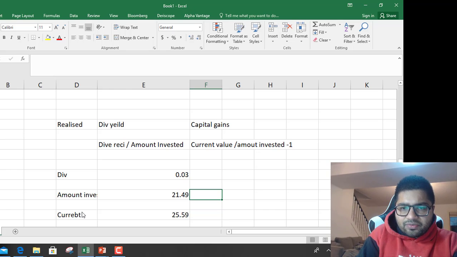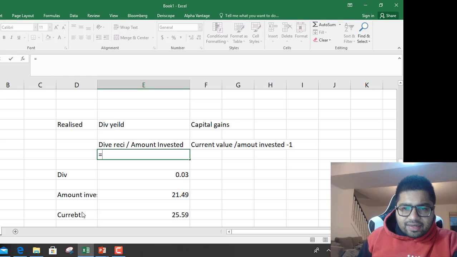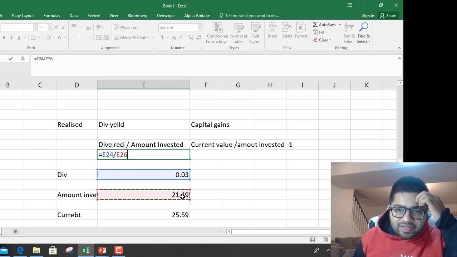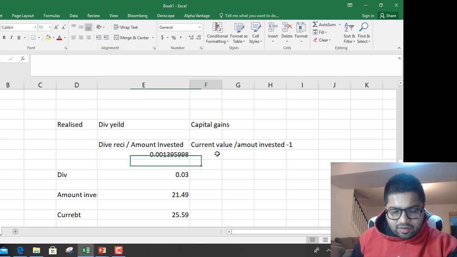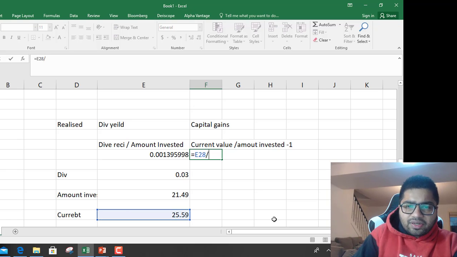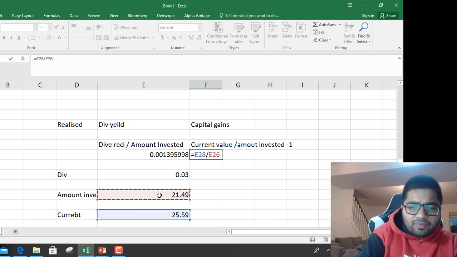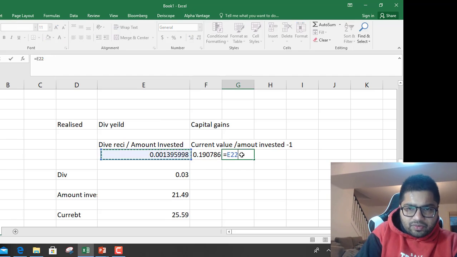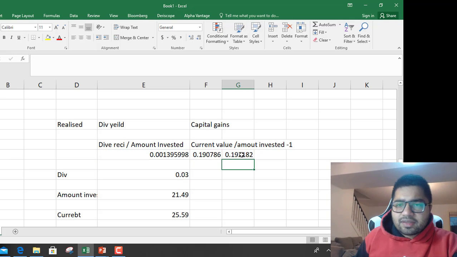How do we find it out? First, let's find out the dividend yield. Dividend yield is dividend received divided by amount invested. Then find out capital gains: current value divided by invested value minus 1. Okay, and add them up. So this plus this.